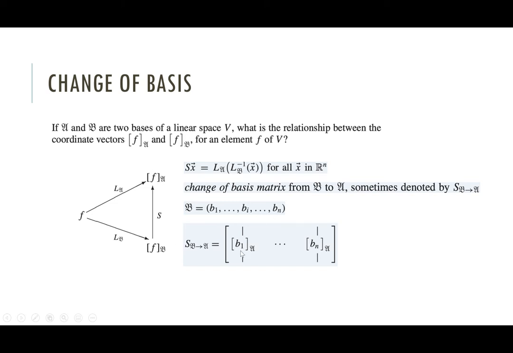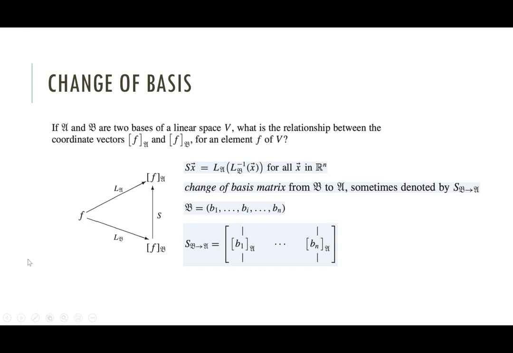So you do this for all the basis vectors, and there you go. You've created your change of basis matrix. So this is how you create, by brute force, column by column, a matrix that goes from a vector written in one set of coordinates to the same vector written in a different set of coordinates.